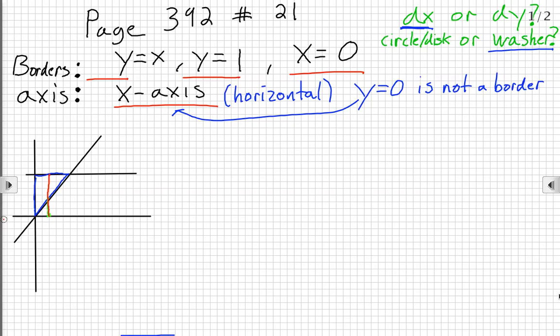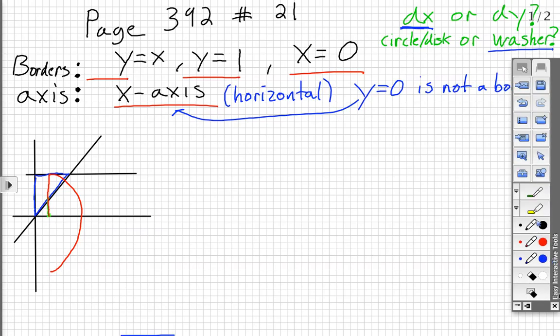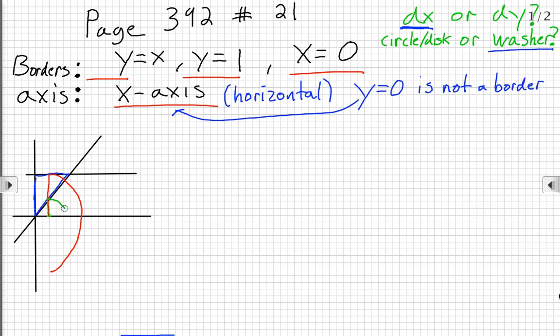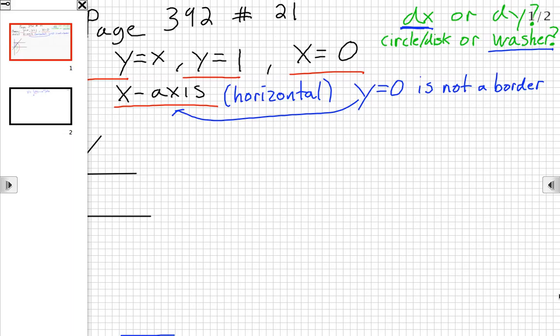So those are our two radii. When the area is rotated, you get a big washer, or you get a big circle from that large radius, but you also get a smaller circle from that small radius, and that forms our washer.